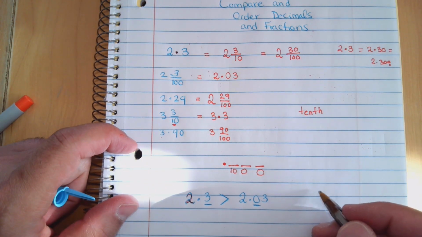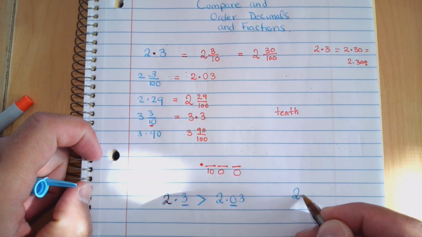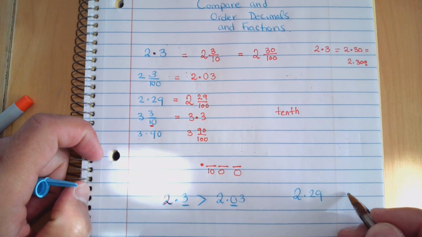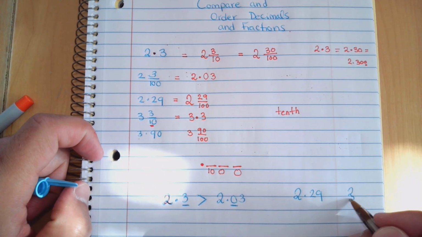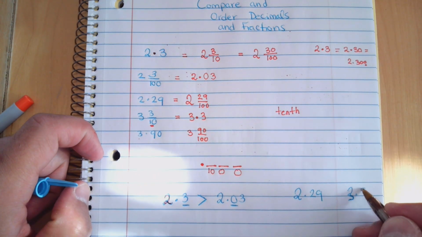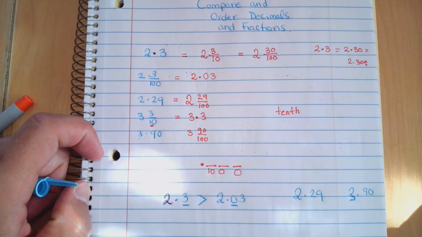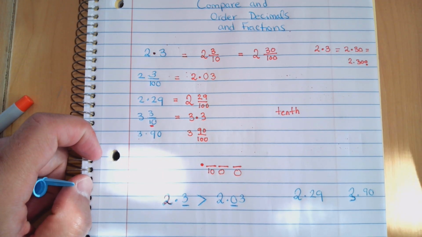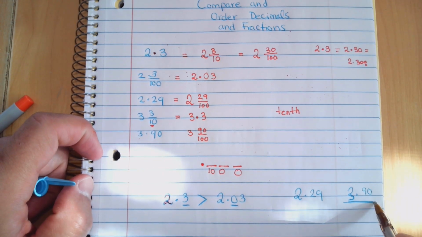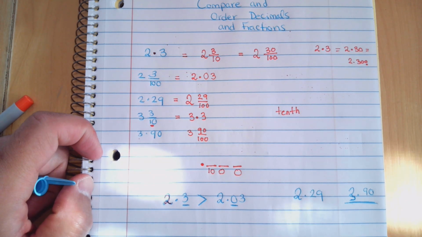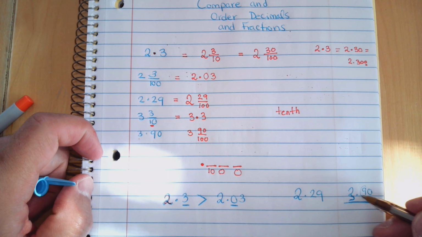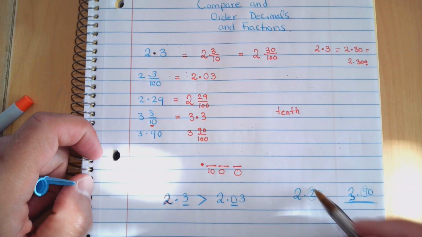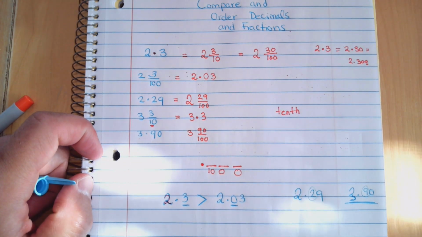What about 2 and 29 hundredths versus 3 and 90 hundredths? This number is bigger because you have to go with the biggest place value. Yes, this one has 9 tenths and this one has 2 tenths, but it's not the biggest place value.